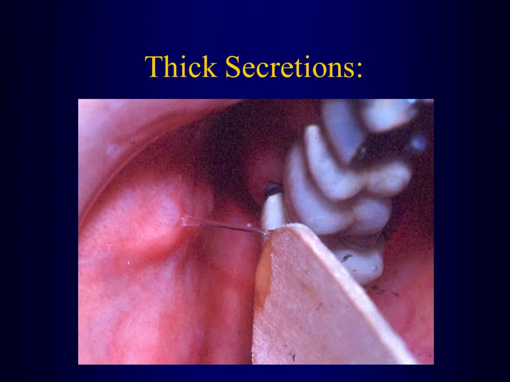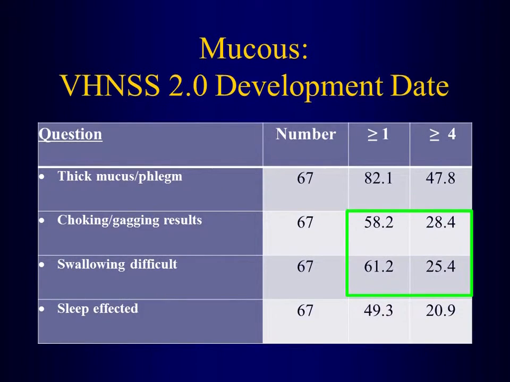Next is thick secretions, another problem where we way underrepresent the impact. When we look at thick mucus, and again, this is looking at late toxicity, people 6 months or out from their treatment, not patients during treatment, you will see that 82% of patients will have some degree of thick mucus or phlegm.